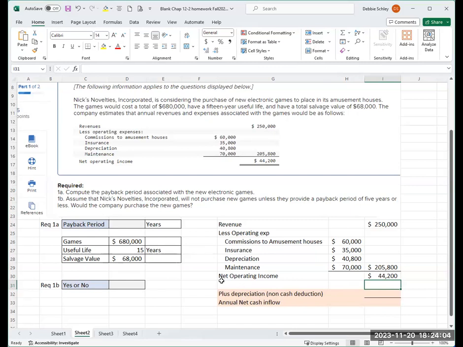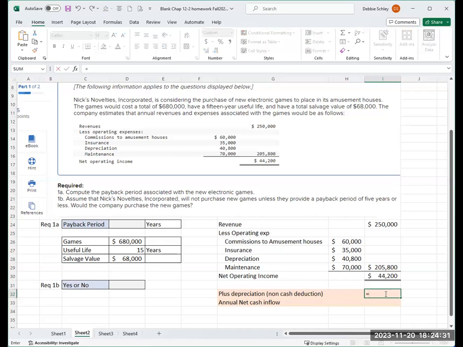Okay. Now, in this example, they are going to add in depreciation because they're looking at this from an accounting standpoint, not from an actual cash inflow standpoint. I believe that is why we're adding in depreciation.